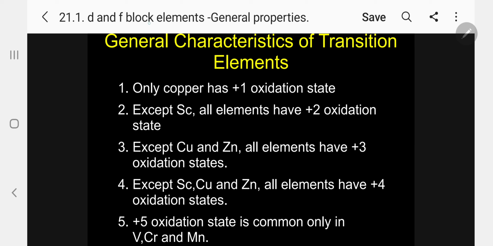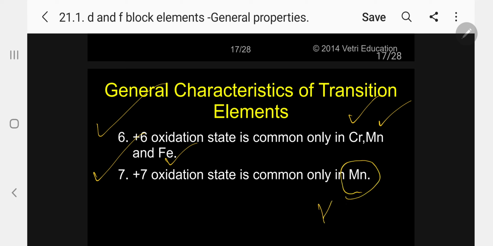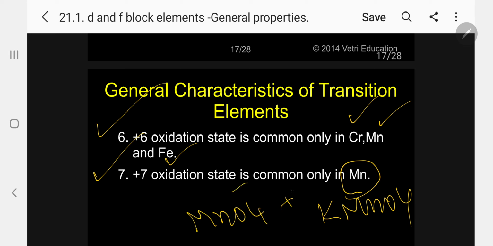The +6 oxidation state is common only in chromium, manganese and iron. The most important among them all, the +7 oxidation state, is common only in manganese. For example, in potassium permanganate, the permanganate ion has +7 as the oxidation state. The only element having +7 is manganese.